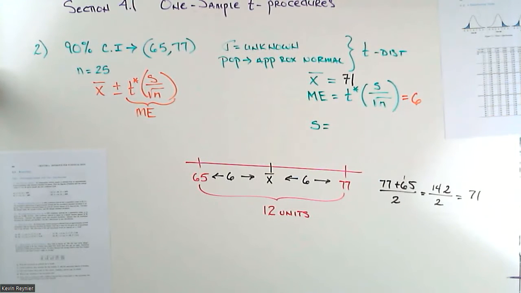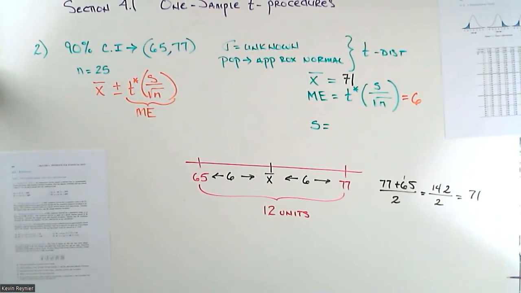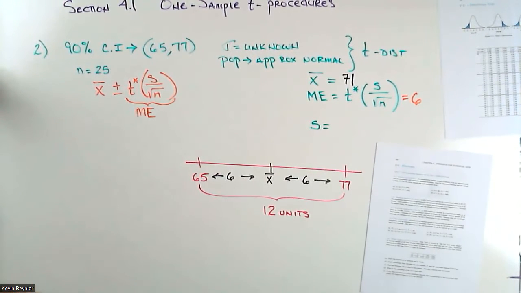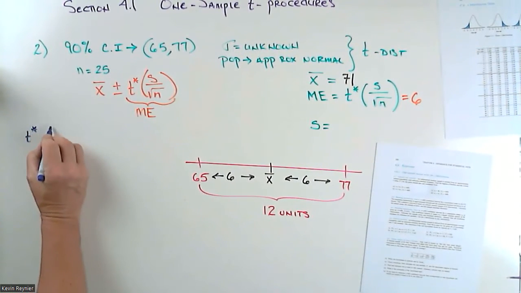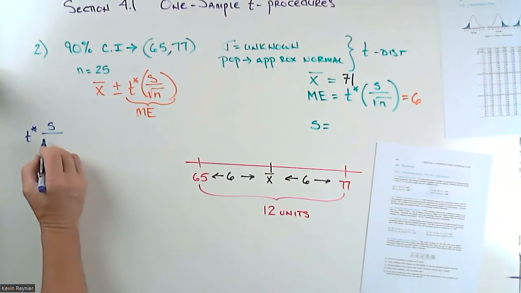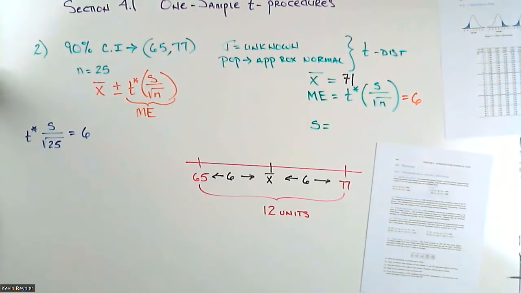Now they want us to find s. How are we going to find s? Well, we're going to use this formula right here. If we write that formula down over here, we have t star times s over the square root of n, but the square root of n is the square root of 25. That has to equal our margin of error, which is 6.